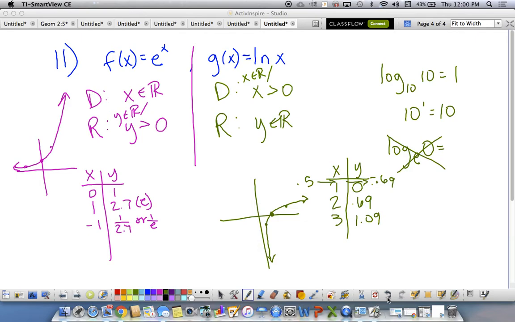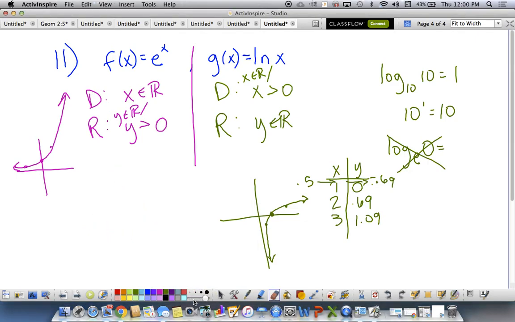So now, what is the domain of f of g? Let's find out. f of g will be e to the natural log x. I'm going to erase some of this on the bottom, if that's okay.